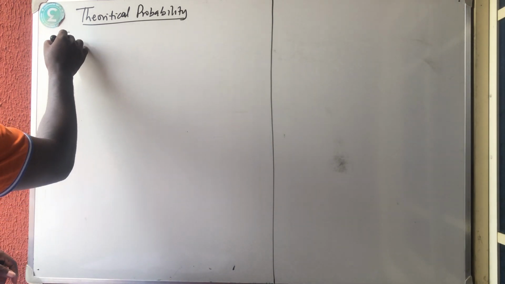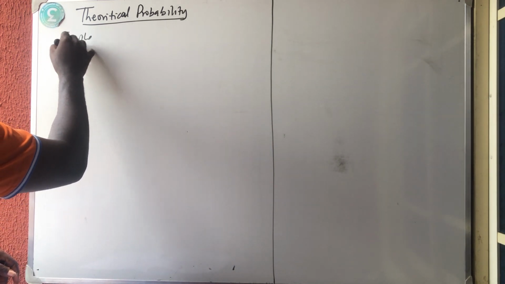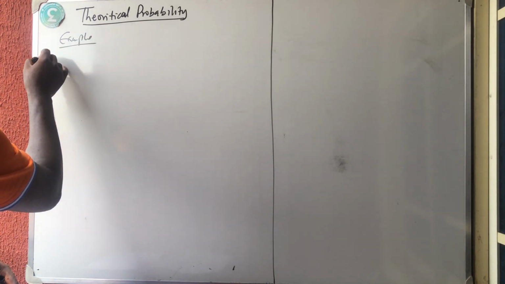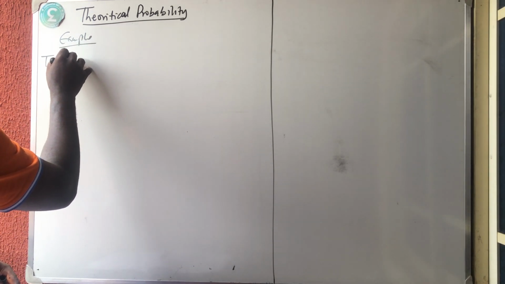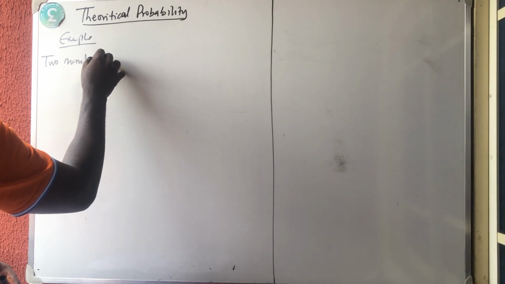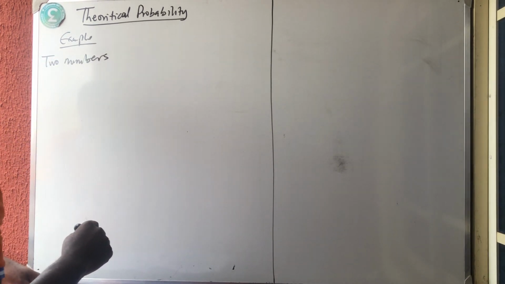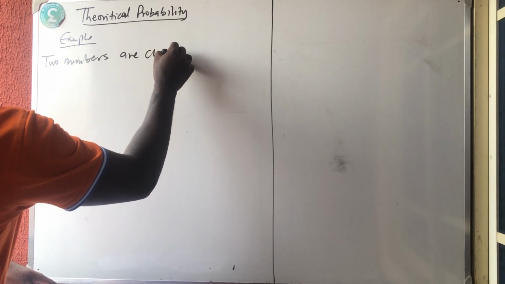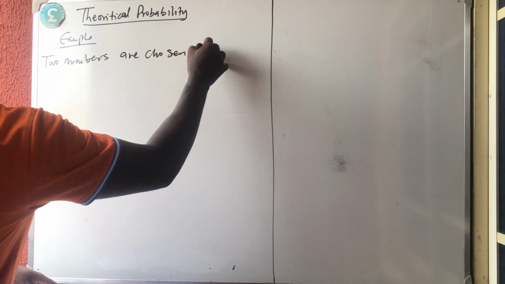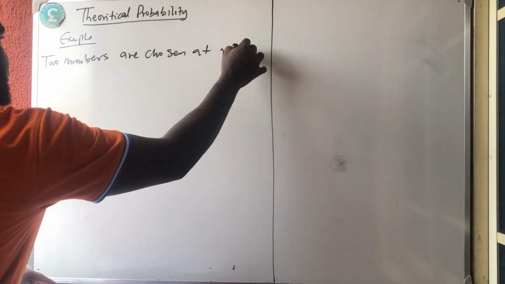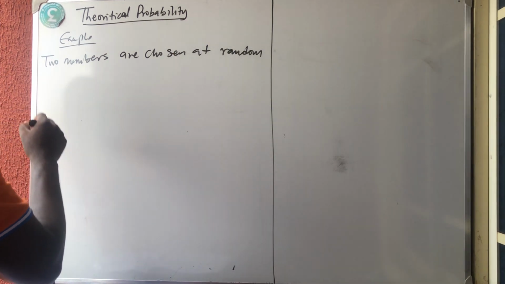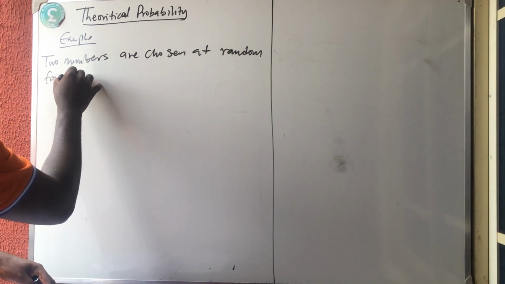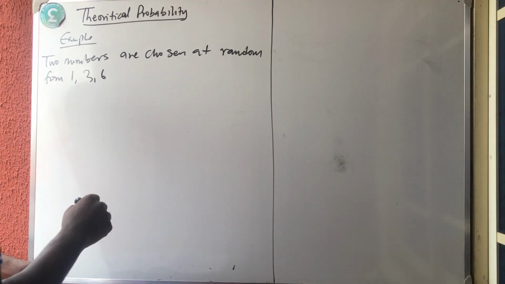So look at an example. The first example said two numbers are chosen at random from 1, 3 and 6.